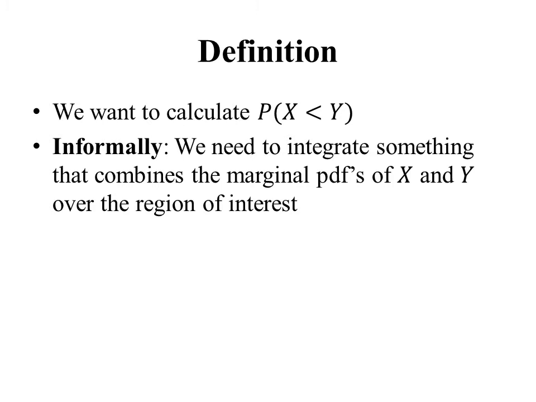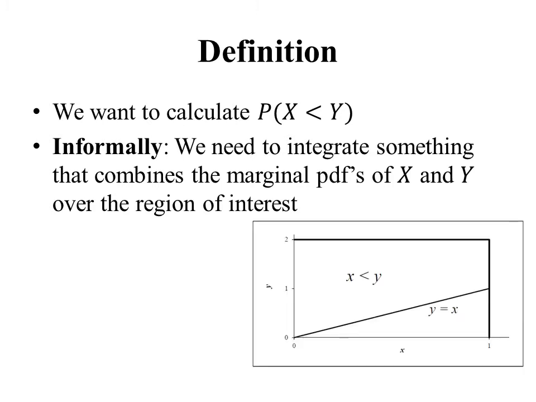Okay? Just like in that first example, we integrated our PDF of x over the interval of interest. So here we've got something involving a combination of x and y, so we're going to need to integrate something that combines our two PDFs over our region of interest. Now we're not talking about a one-dimensional interval of interest, we're talking about a two-dimensional region of interest. Okay? So in graphical terms, we're going to need to find this something and integrate it over this two-dimensional region of interest up here.